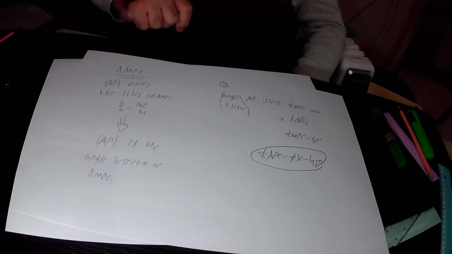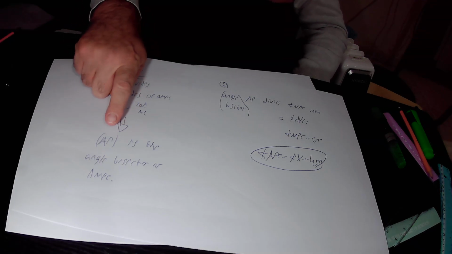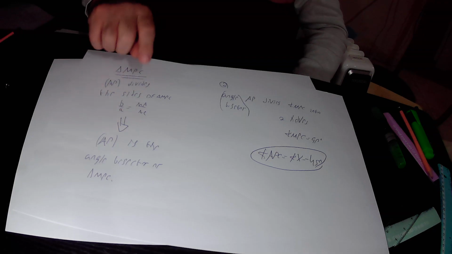This is the converse of rule 19, which is rule 21. Therefore, AP is the angle bisector of triangle MPC according to rule 21.